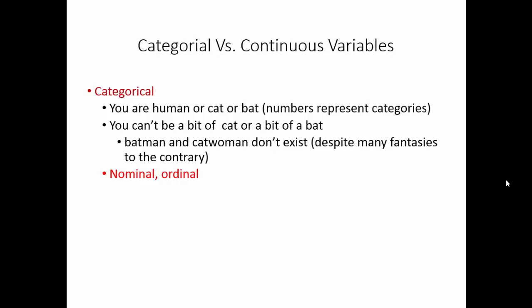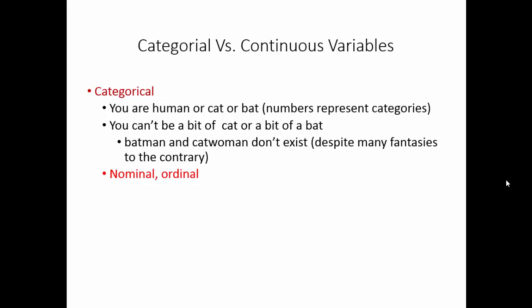So it doesn't actually matter with a categorical variable like this, a nominal variable. It doesn't actually matter what numbers I choose to represent it. If I was doing male and female, I would just choose 0 and 1. But I could have chosen 1 and 2, or I could have chosen 500 and 3,837. It doesn't matter what numbers you're using, because those numbers don't represent a real value or an amount of something.